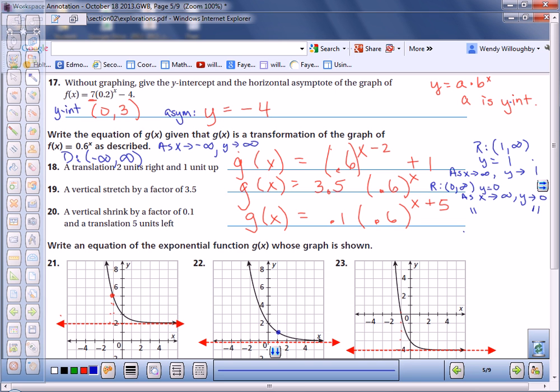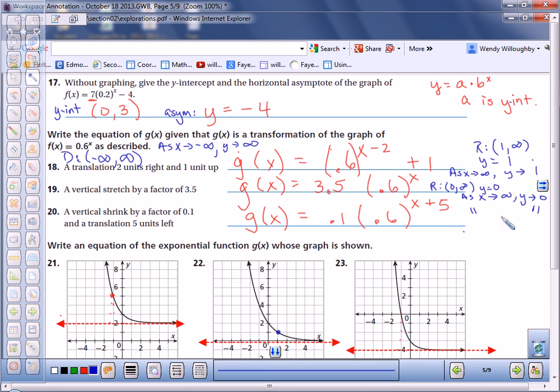Okay, the domain for 18 through 20 is this. The end behavior on the left side is this. The end behavior on the right side changes, and the range changes, and the asymptote changes. But I wrote those changes over here.